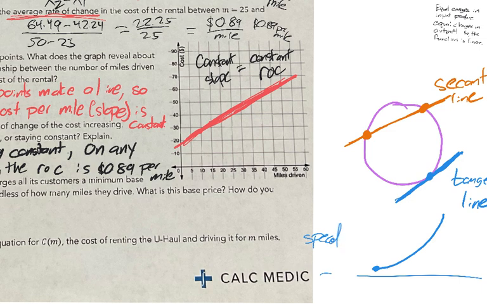Speed for the y value, and let's say the x value represents time. So say I wanted to know between this point and this point, what was the average rate of change of the car? Okay, average rate of change.